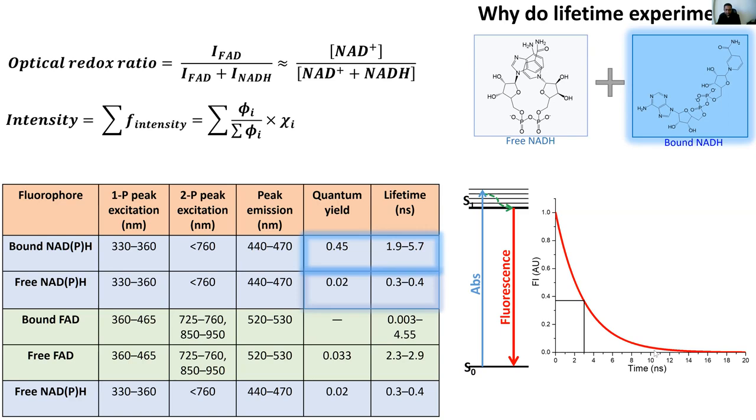Before I go into phasor, I'm going to talk a little bit about TCSPC, the time correlated single photon counting approach, which has been used in biological systems for a while also. But the big thing is this is independent of concentration, so we can actually calculate the lifetimes of these species, and maybe we can correlate that to the optical redox ratio or the metabolism.